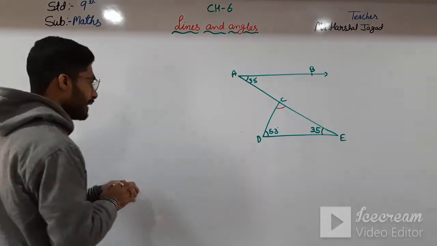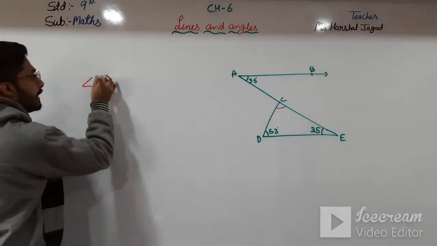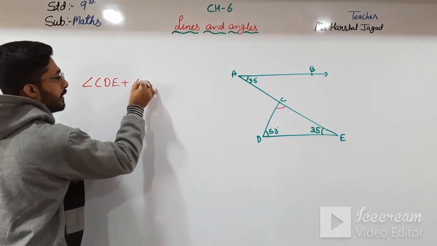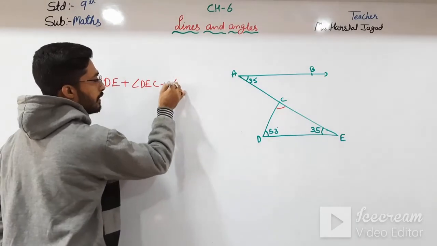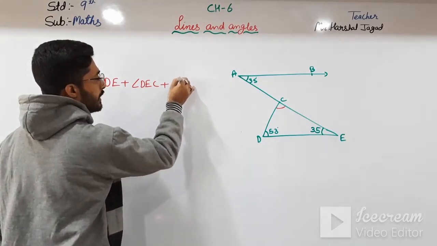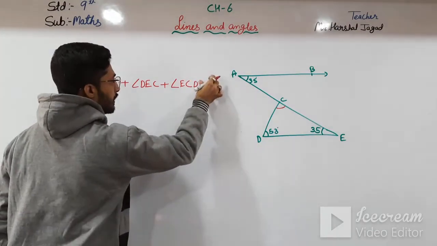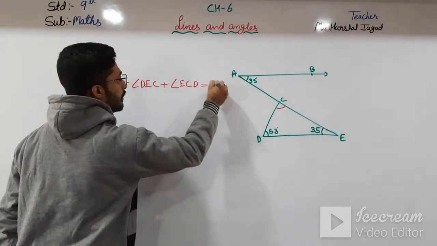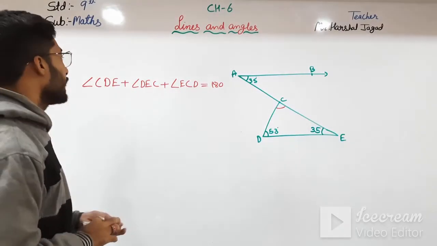So I can write here angle CDE plus angle DEC plus angle ECD is equal to 180 degrees. Yes or not, students? Yes, we can write that.